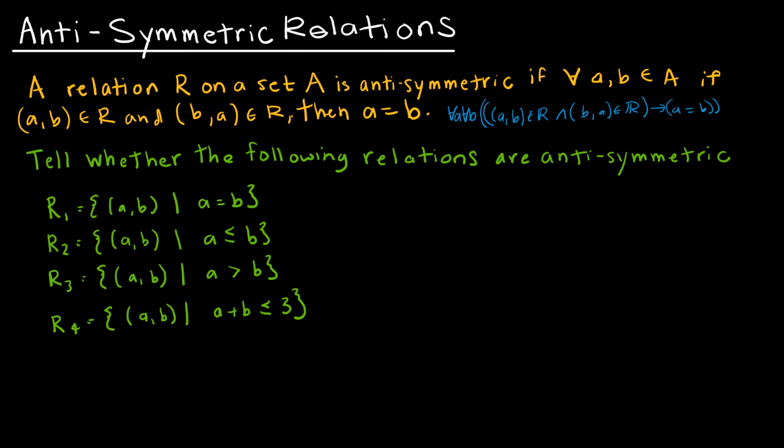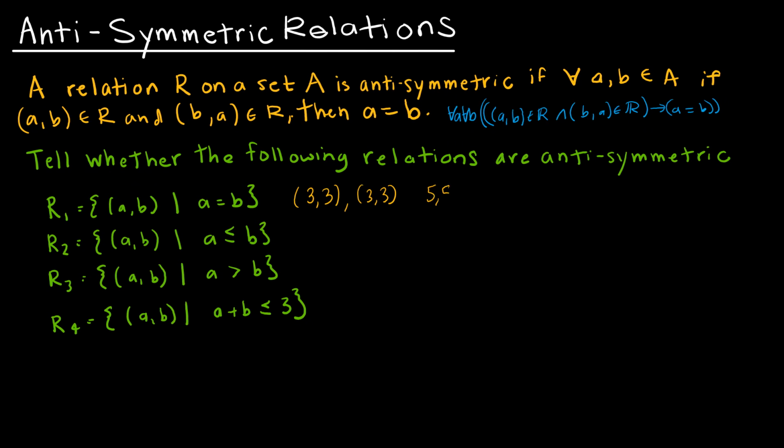Looking at the first one, we have R1 is all of the elements A, B such that A is equal to B. So this one seems kind of silly because we're saying if A, B is in R and B, A is in R, well, we know that for every A, B that's in R, B, A is going to be in R because they're always the same.